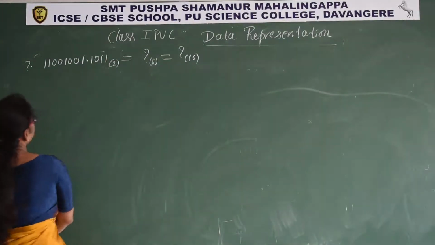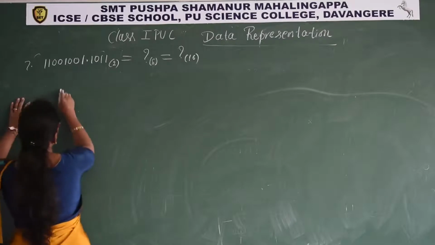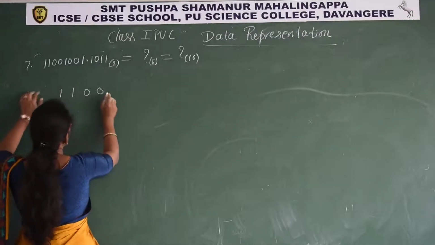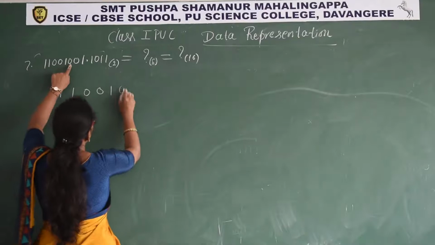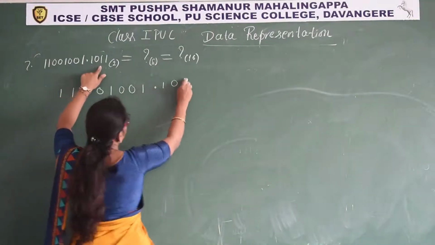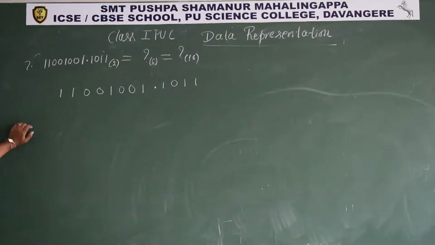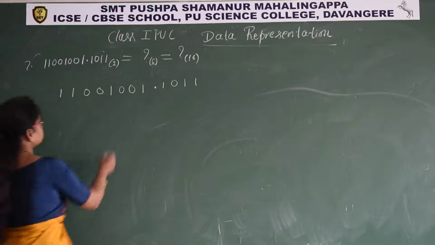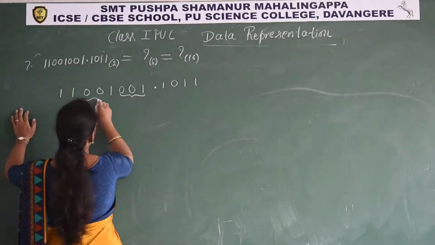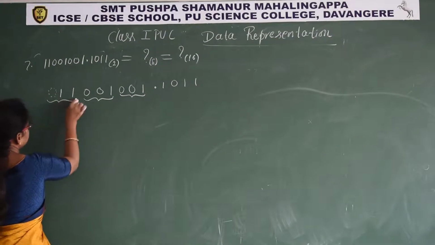How to convert a binary number to an octal number? We have to make groups of 3 bits. First we write these bits: 1 0 0 1 point 1 0 1 1. For the integer part we group from the LSB. One more bit is required, so we write a dotted 0 here.